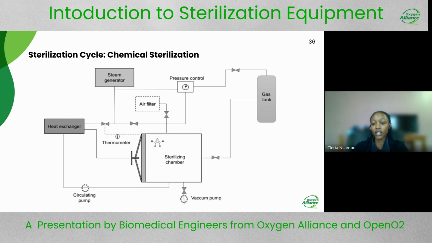After the sterilization process is complete, the gas is led out of the chamber itself. Some of the things here are just sensors that help you monitor your sterilization process, ensuring that you're having an effective sterilization process. We'll go deeper into the monitoring system in a few minutes.